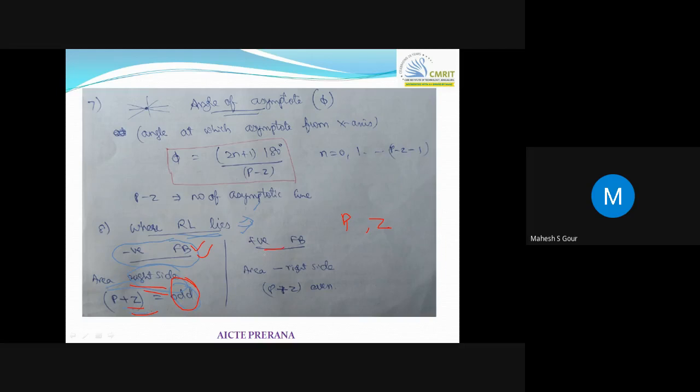If it is positive feedback, it should be an even number. Positive feedback, in 99% of cases they won't give, because the system will become unstable. So you need to give negative feedback. So what is the conclusion? If you are checking the area where the root locus should lie, the number of poles plus number of zeros on the right hand side must be odd.